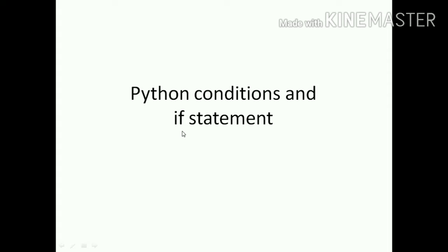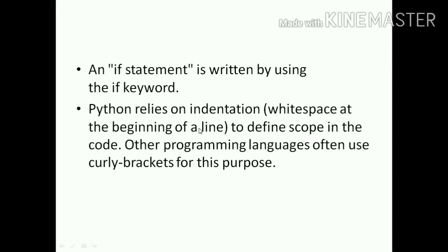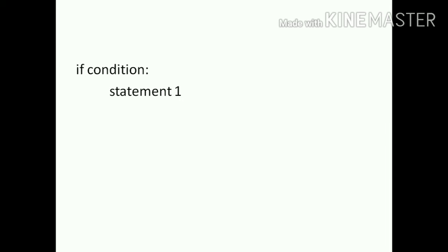For example, the if statement. The if statement is written by using if, and there is an indentation which we follow. In other programming languages, we have curly braces, but in Python, we have indentation. Indentation is nothing but the white spaces which we add in front of the line.